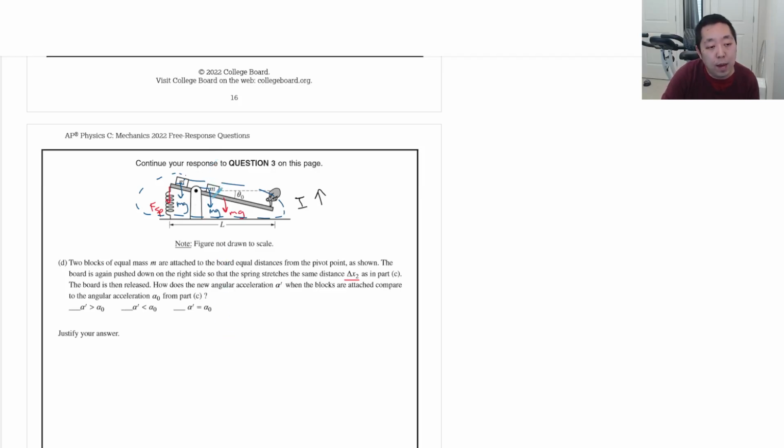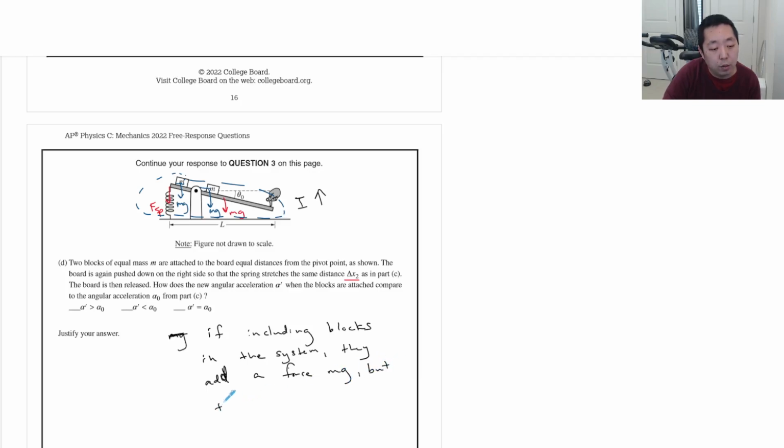So if you're going to do it that way with the mg's for each of the blocks, then you have to say that, including the blocks in the system, they add a force mg, but their net additional torque is 0.